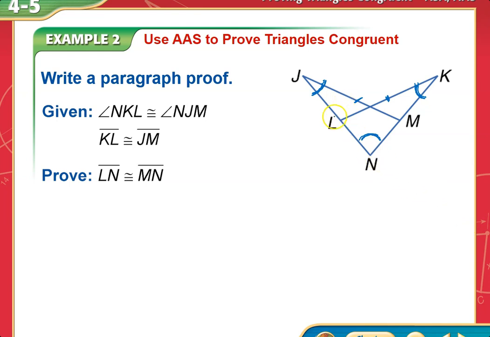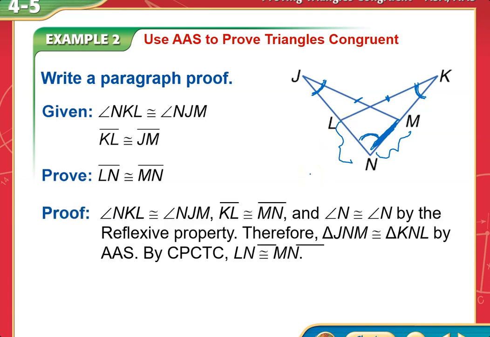So we're trying to prove that the LN segment, you can see here, is congruent to this one. If you look at it, that's actually a side of the triangle, isn't it? The triangle NJM, and the LN side length is the side of the triangle NLK.